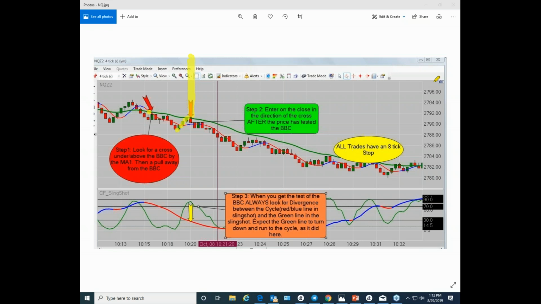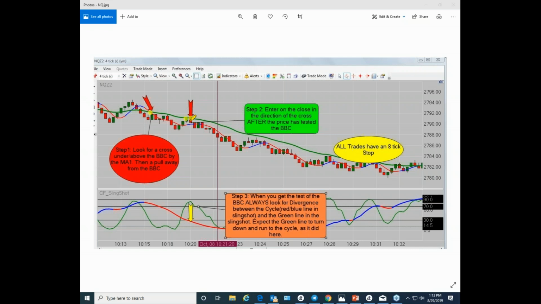So we're looking for a touch, denoted by that candle, and a close in the direction of the trend, which is highlighted by that arrow and that candle. We know the trend is bearish because the MA1 is red, so what you're looking for is a red candle.